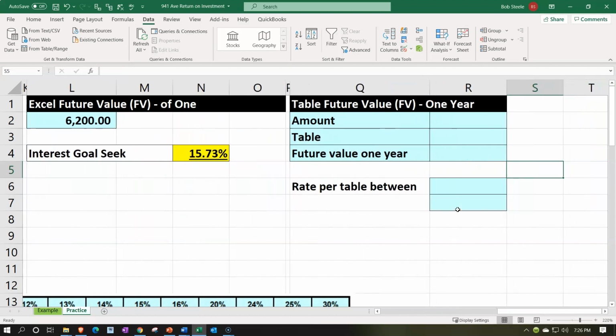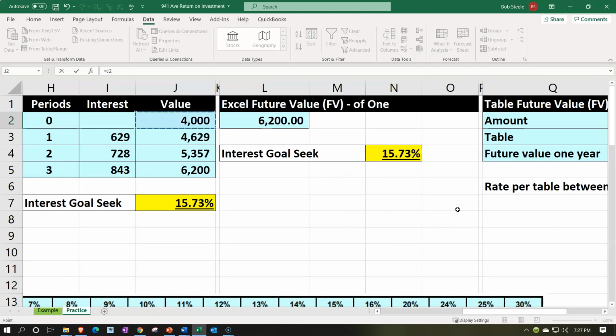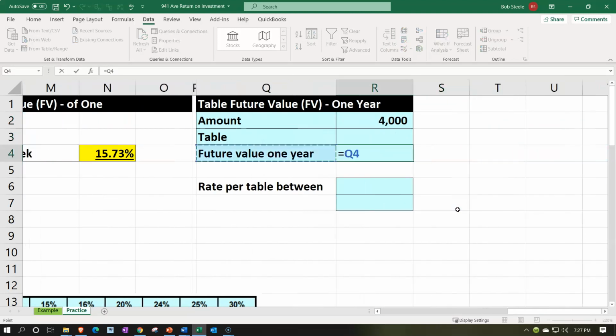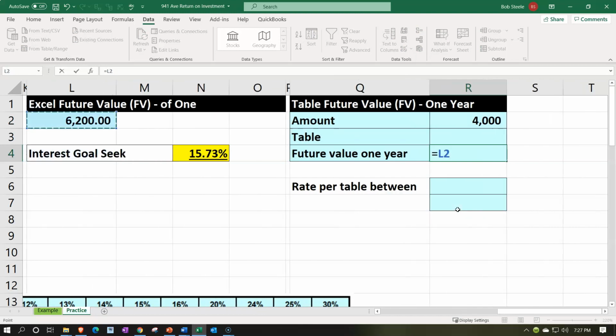And so let's check it out one more time with the table time. See if we can back into the number with the tables. So what do we know with the tables? We know that the amount, the starting point we know, which is that 4,000, was it 4,000? And we know the ending point, which is 6,200. What we don't know is the percent.